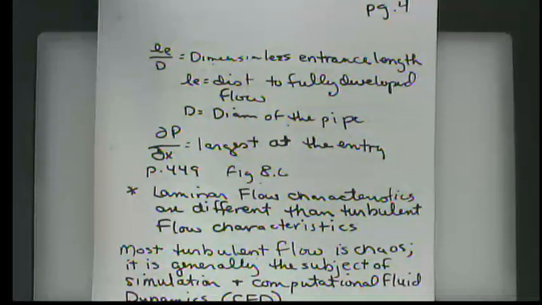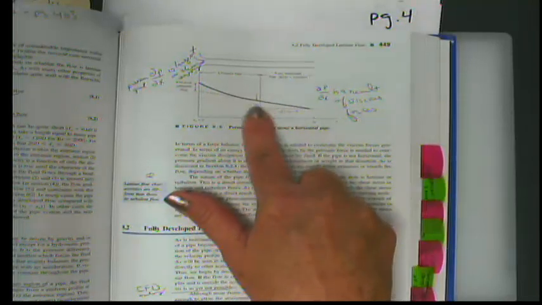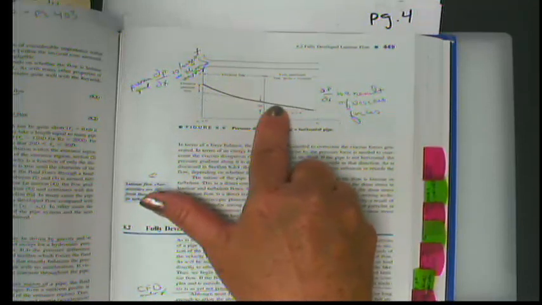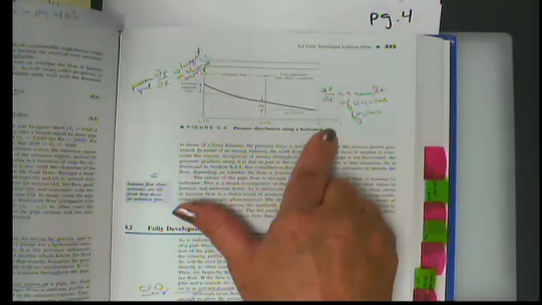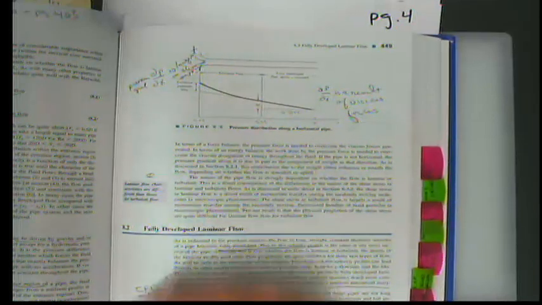Now the differential of pressure with respect to x, in other words, the pressure gradient, is going to be the very largest right at the entrance. And so that's really what we're getting around when we go to this idea. We want to get into the part of the flow where the del P del x is more or less constant. And what you see is if we take this line that is the slope of the pressure drop versus the distance from the entrance, as we get closer and closer to the entrance, that pressure drop goes up, doesn't it?